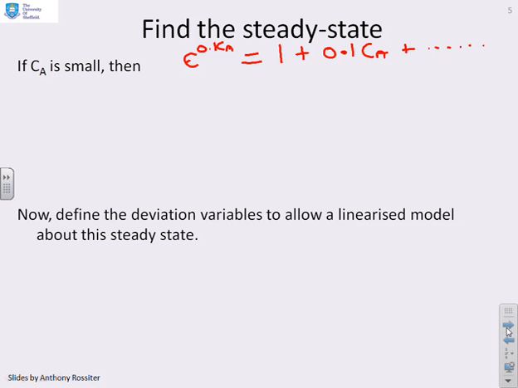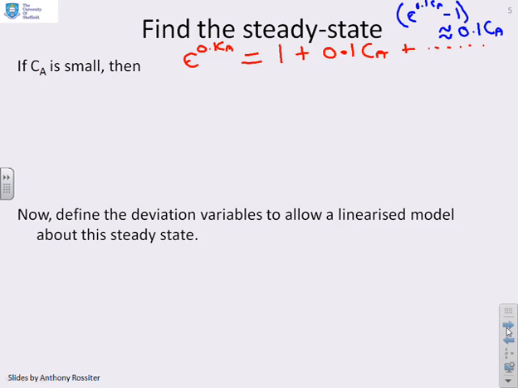Now, if I substitute that in, you'll remember, and I'll put it at the top here, we had a term e to the 0.1 Ca minus 1, and you can see that this is going to be approximately 0.1 Ca. So that's going to make our life a lot easier.